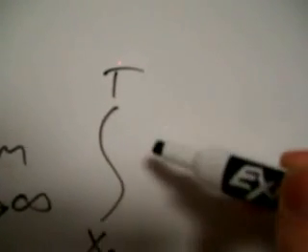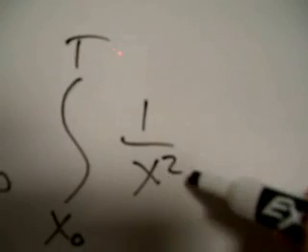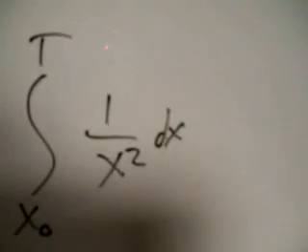Those are the constants. They're going to be times the limit, and we'll say infinity is now going here. T is going to infinity. So we're going to restate that from x naught to t, 1 over x squared dx.